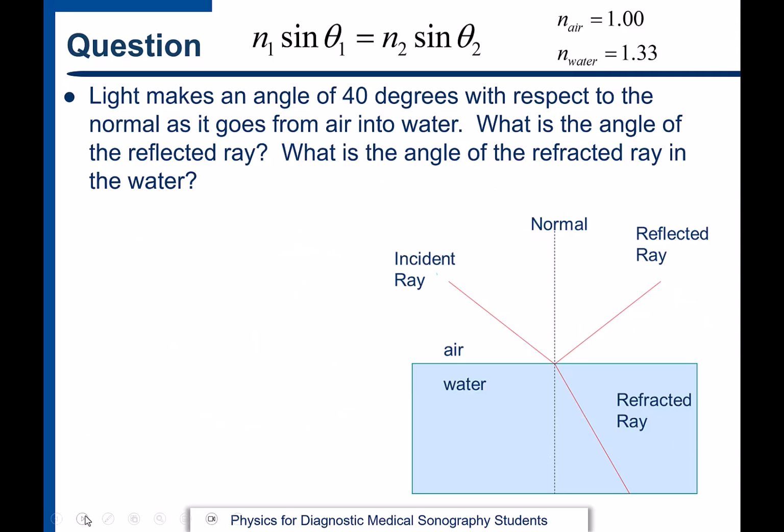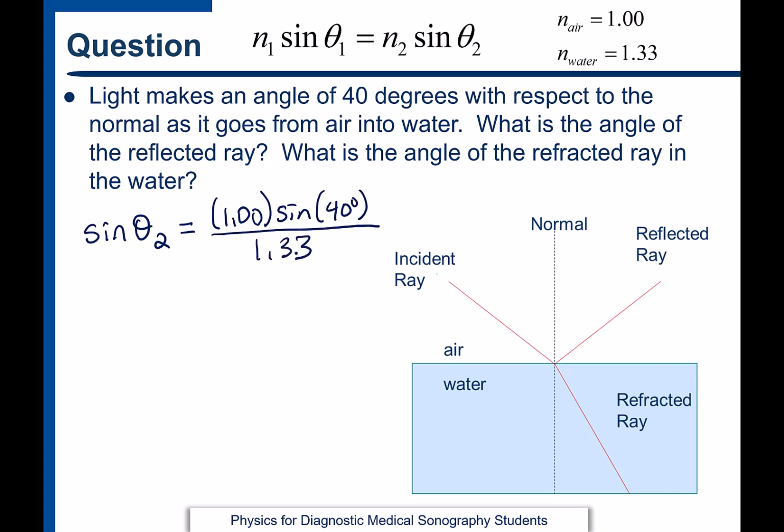So I've got now the sine of theta 2. Let me actually just write that again: 1 times sine of 40 divided by 1.33. Okay, so now we're going to do that math, and we get that sine theta 2 is equal to 0.483298. And there are more digits, but that's enough.